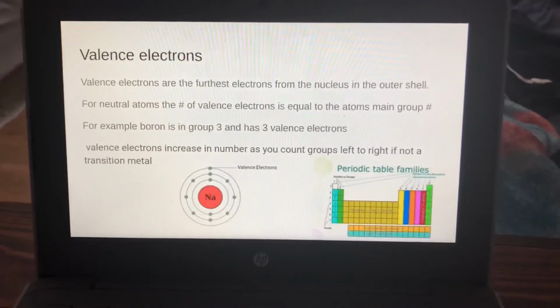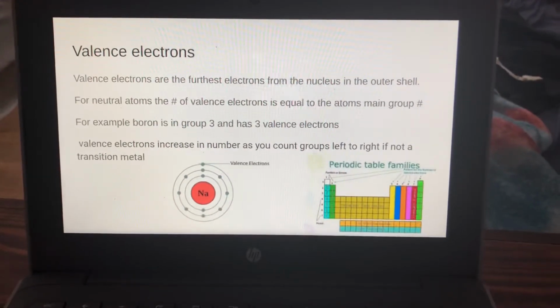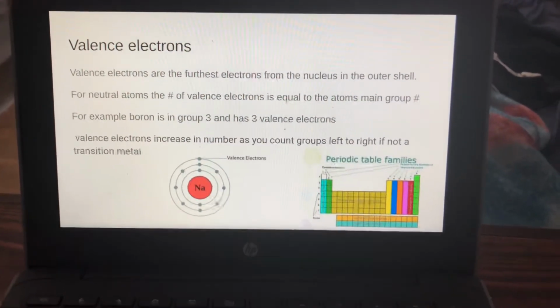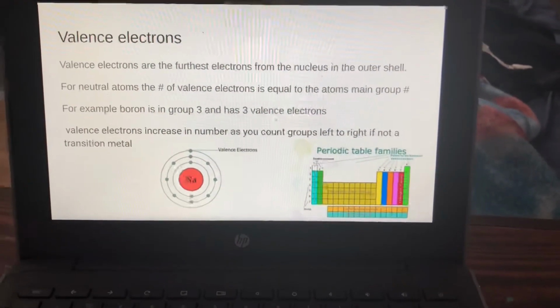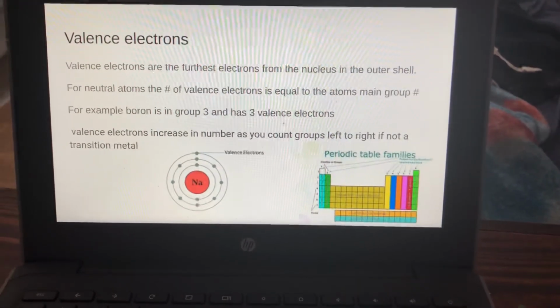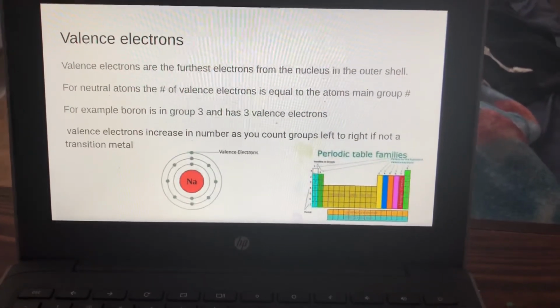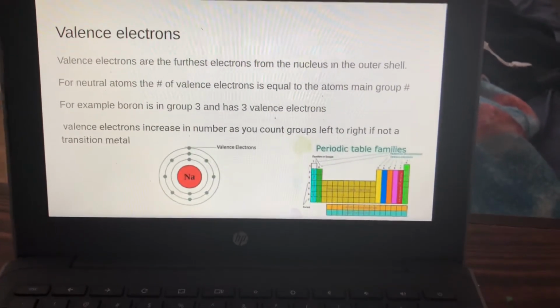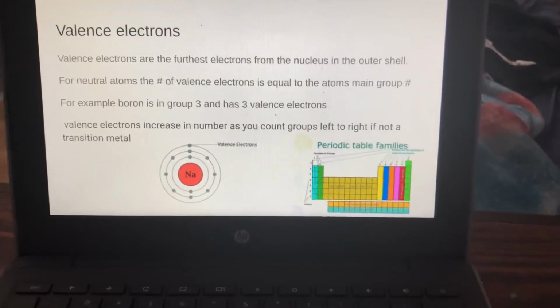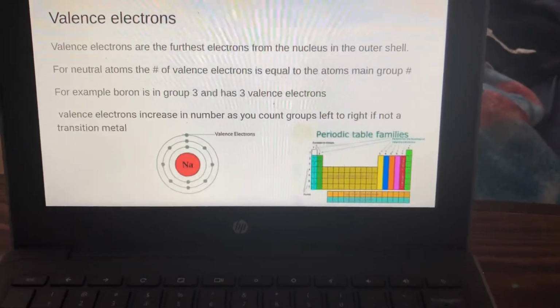Valence electrons. Valence electrons are the furthest most electrons from the nucleus in the outer shell. For neutral atoms, the number of valence electrons is equal to the atom's main group number. For example, boron is in group 3 and has 3 valence electrons.